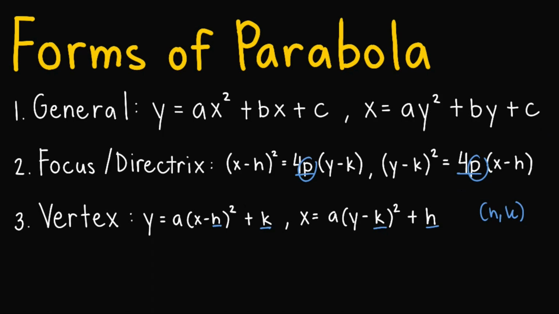Take note of that. For the vertex form, there are many ways that we can derive this given these two. For the general form, you can try to apply completing the square. When we complete the square, there will be a constant out here, say s.